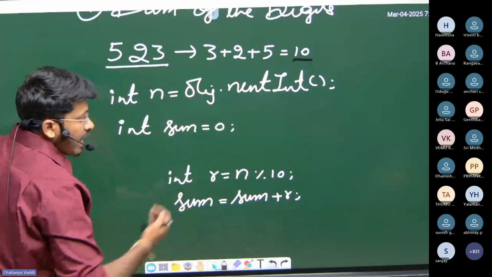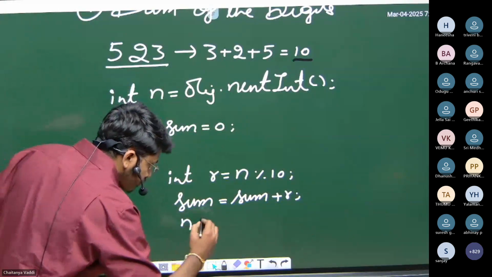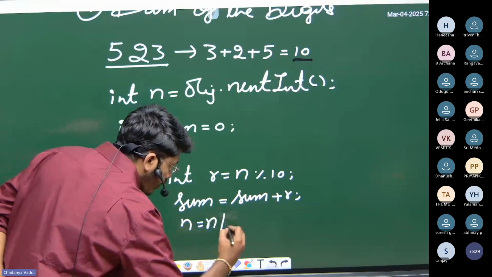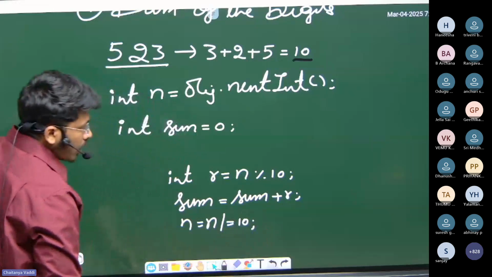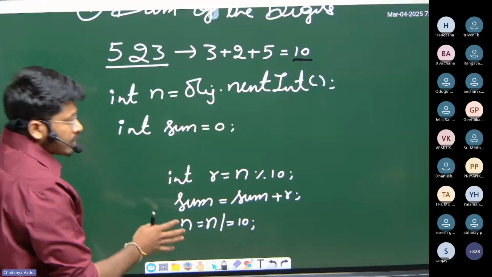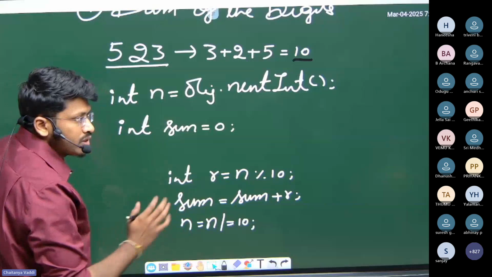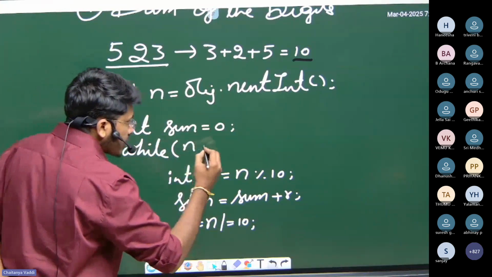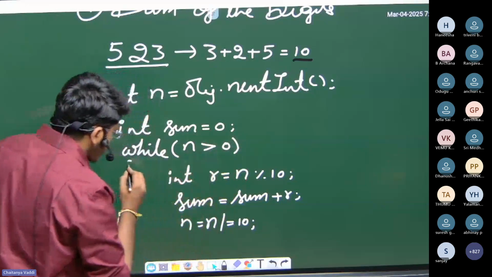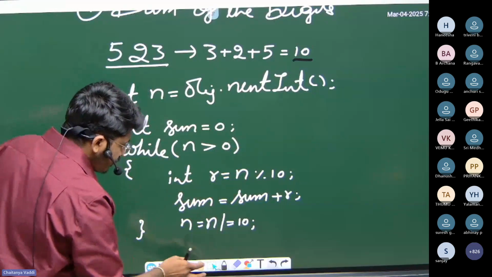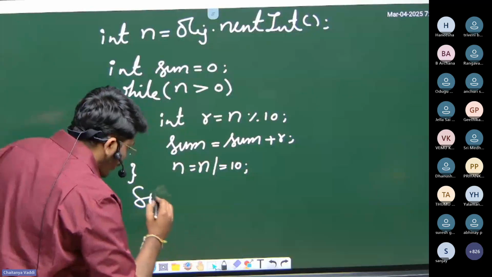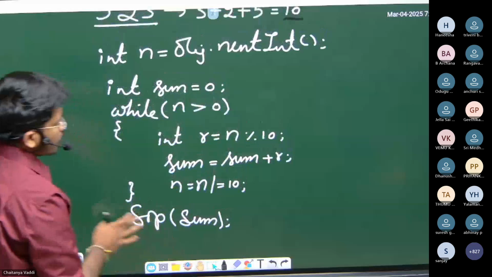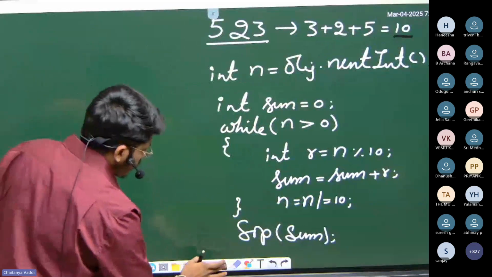And then I'm dividing the number by 10, so n equals n divided by 10. These statements should be executed until n becomes 0, so for that I'm taking a while loop. While condition: n must be greater than 0. At the end I am printing the sum value. Okay, this is the program, right?